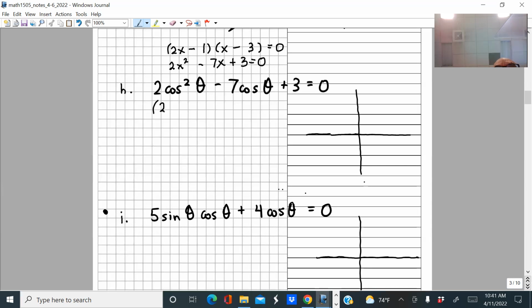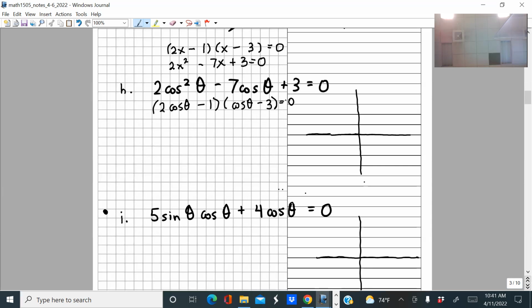So this equation will factor as 2 times cosine of theta minus 1 times cosine of theta minus 3 equals 0. See, cosine of theta is x.